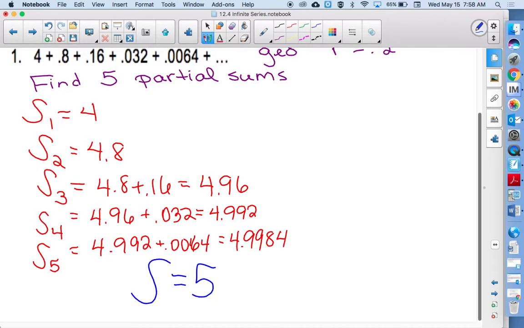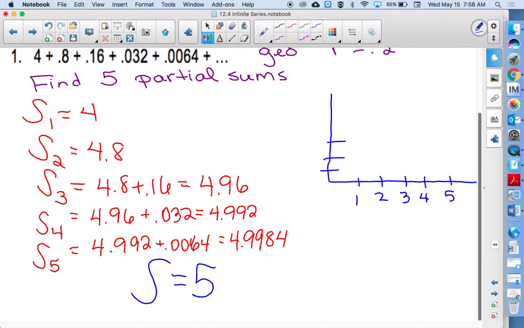Now you'll be asked to graph and find the sum. So if you have any extra space on the side, I'm just going to make a little graph. This is just like graphing a sequence.